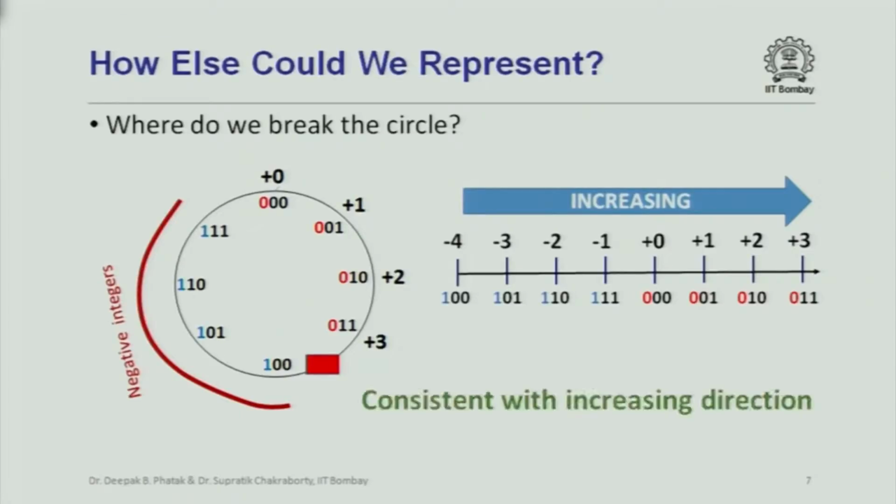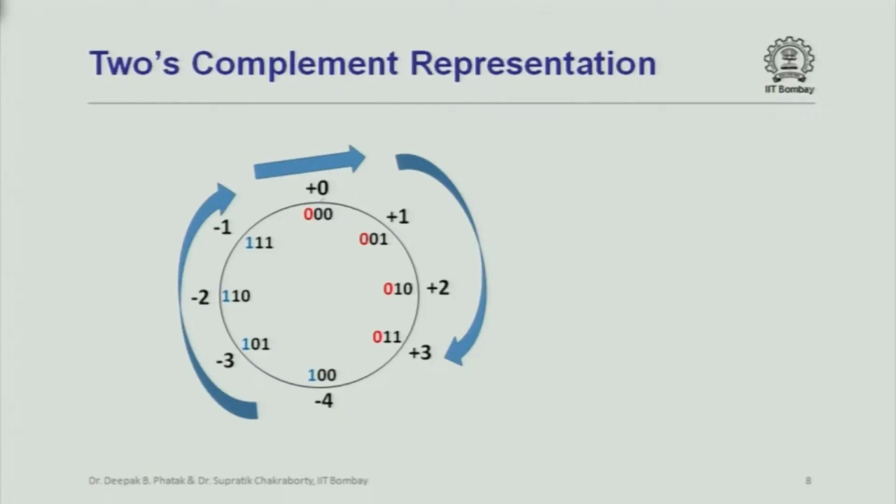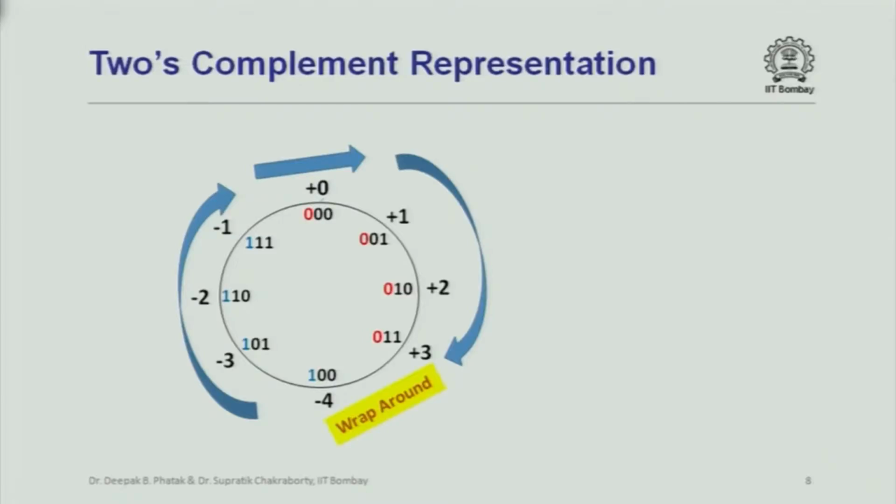And now once I do that, this is consistent with the increasing direction, and this basically gives you the mapping that we saw in the last class, that this represents -4, this represents -3, -2, -1. We get one sweep of increasing integers over here, and of course when we are going from +3 to -4, there is a wraparound. That's the place where the number line broke, right? That's the place where the circle broke and we pulled out the number line from there.